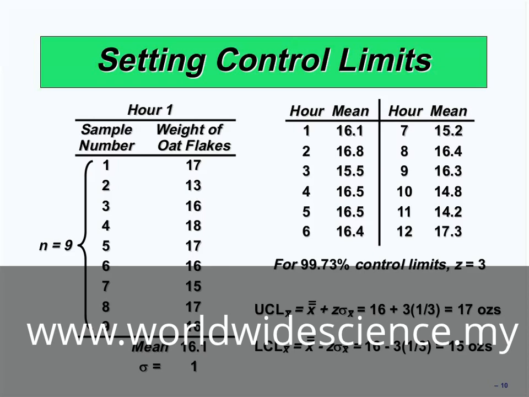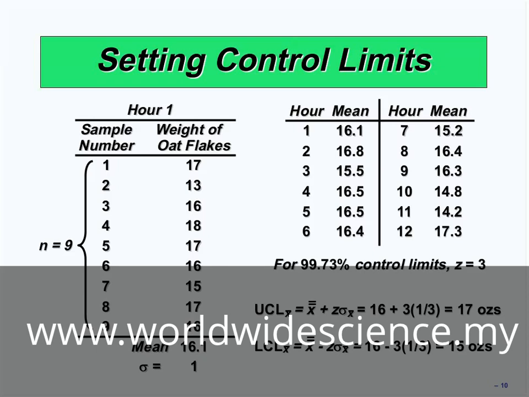Each of them is x. When you calculate the mean of these 9 cups for hour one, it is x bar, 16.1, not x bar bar. So please let me repeat again. In an x bar chart, at first you have x.